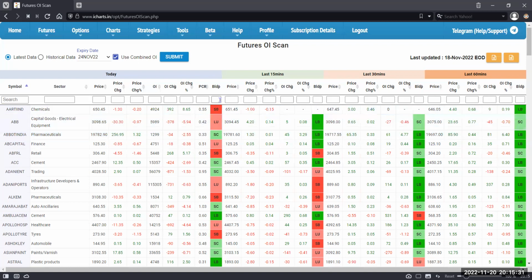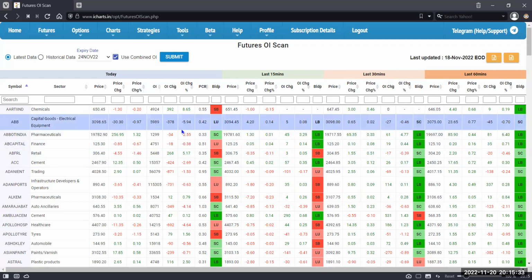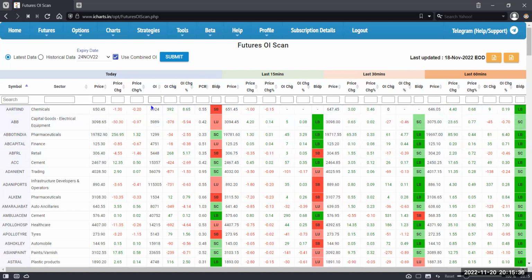So you can look at the bearish ones if you want to. But basically the idea is try to determine the direction of the market, and then in that direction, how scripts are positioned here based on OI and price change. Then you can filter those based on that.